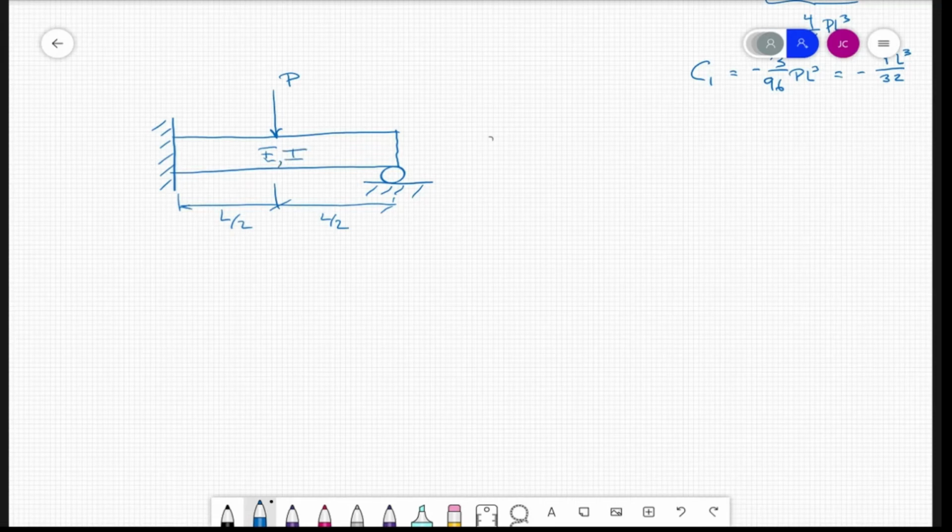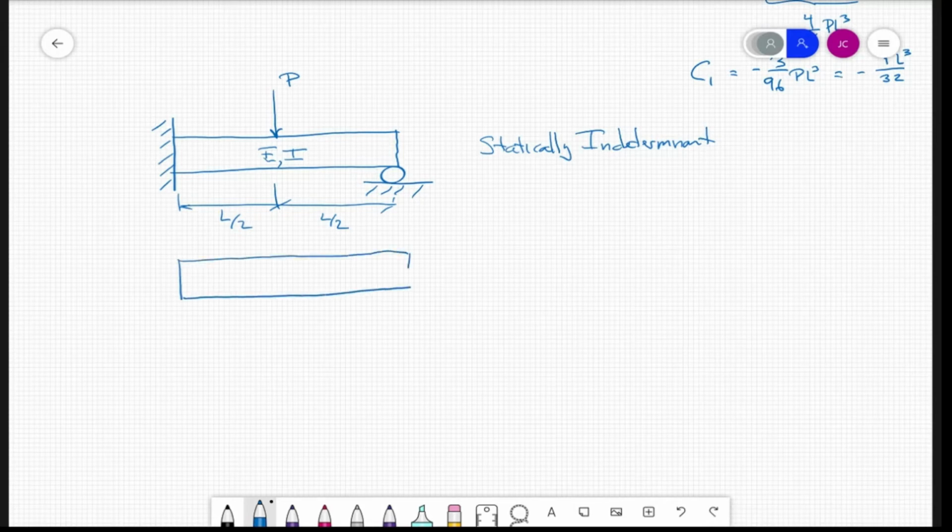Now, in this case, this is statically indeterminate. And that's because when we look at the free body diagram, we have three unknowns. We have the up force at B, the up force from the wall at A, but we also have a moment at A from the wall.